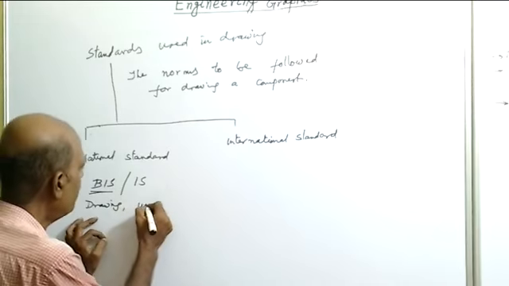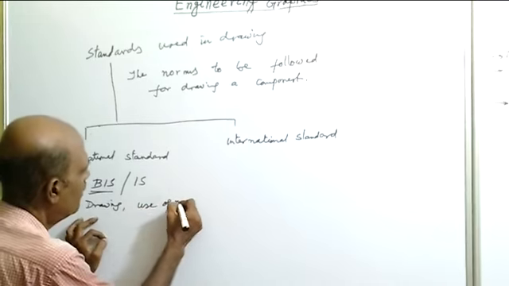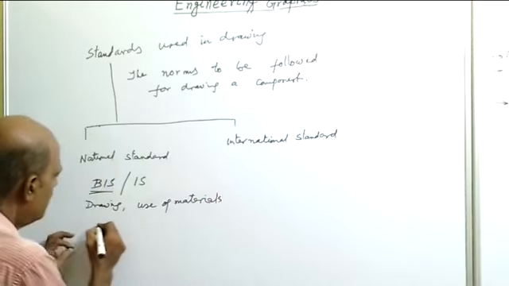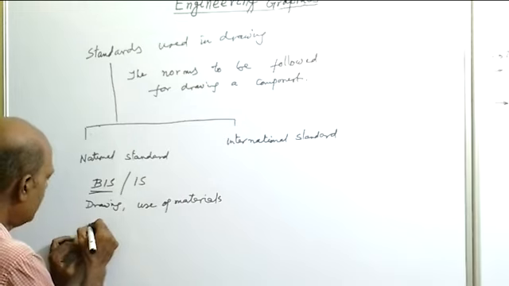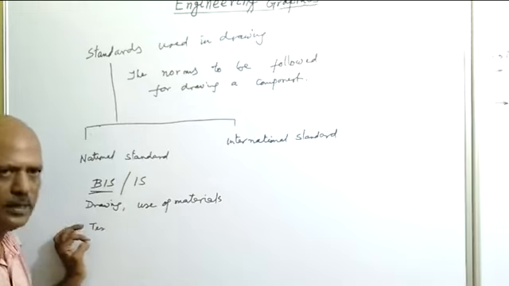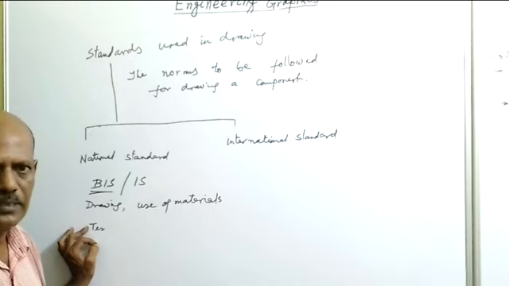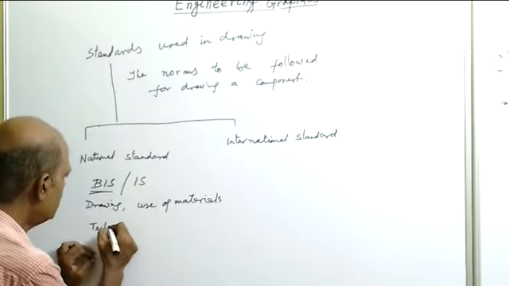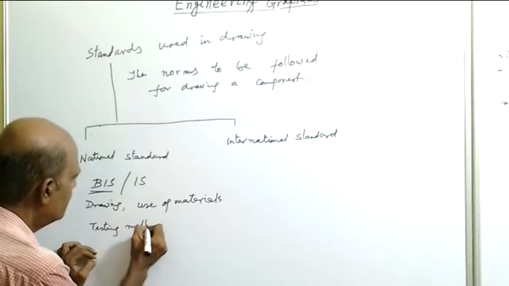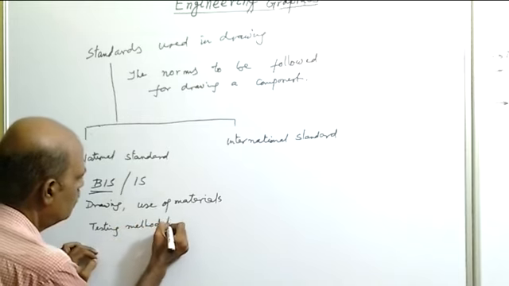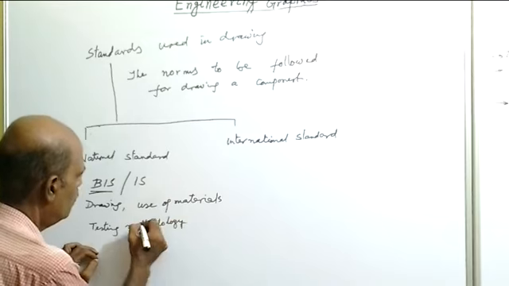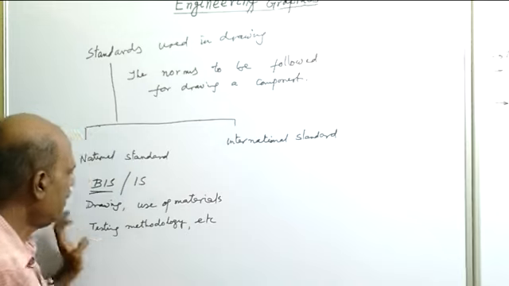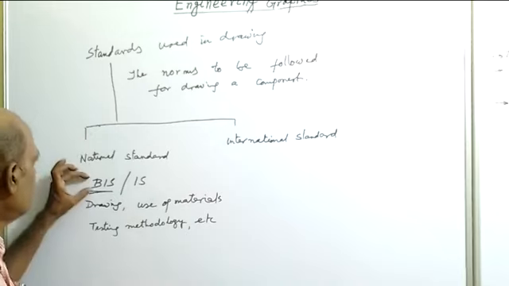Next, the use of material. Next, the testing methodology, because after a product is manufactured, it is to be tested. So, testing methodology, etc. So everything is standardized by this organization.